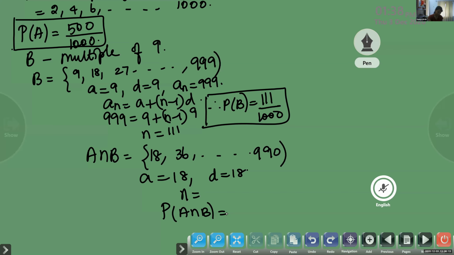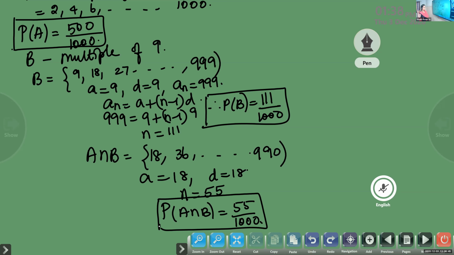Okay. Yes, the n is 55. So here you will get 55 by 1000. So P of A intersection B is 55 by 1000.